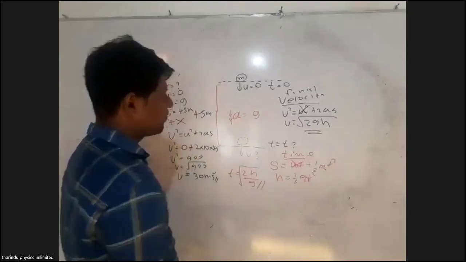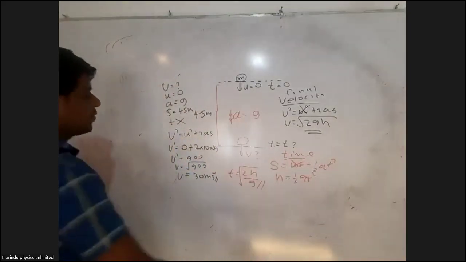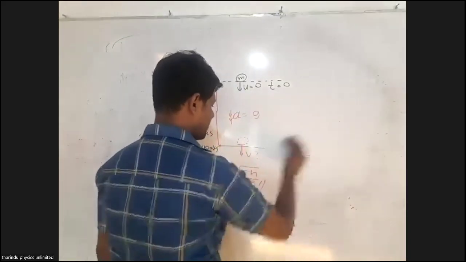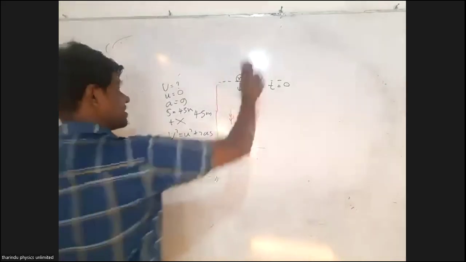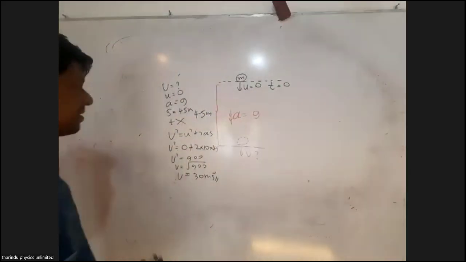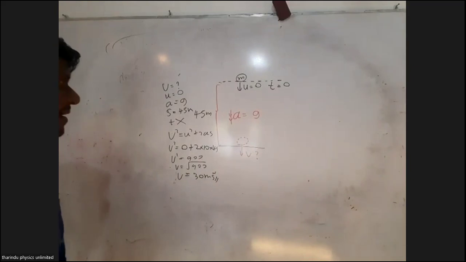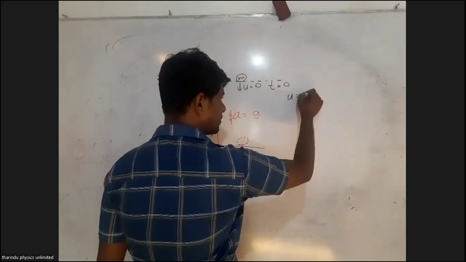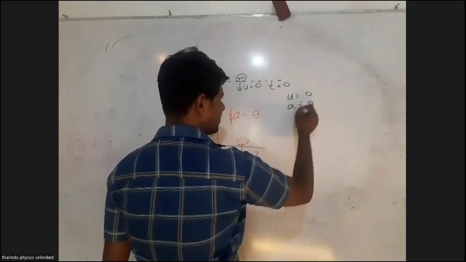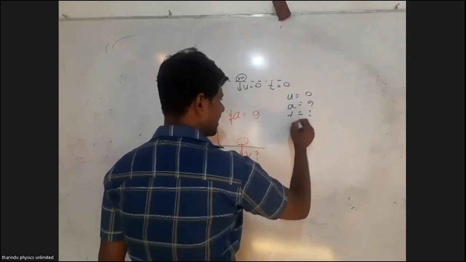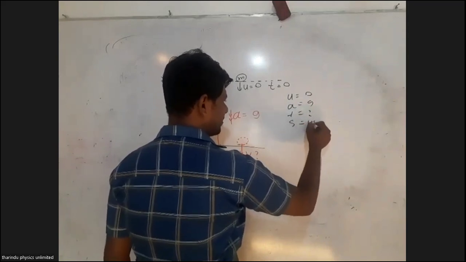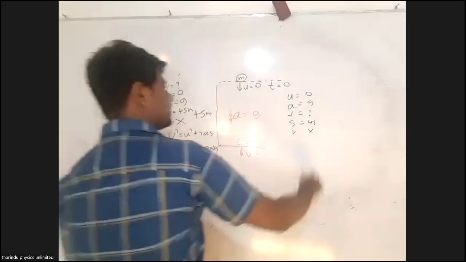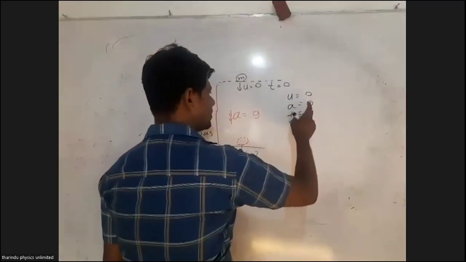Now I find the time taken for the above motion. I'm not going to use this equation straight away, because I can apply the very basics. Here u equals 0, a equals g, time is unknown, s equals 45, and velocity I don't need.